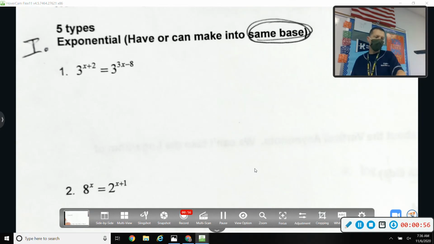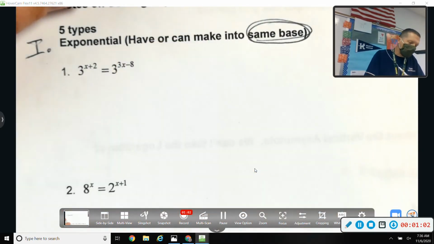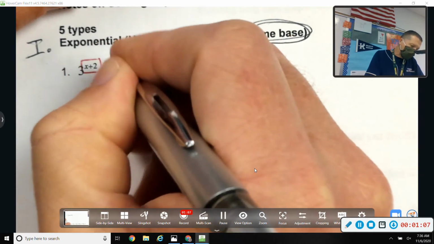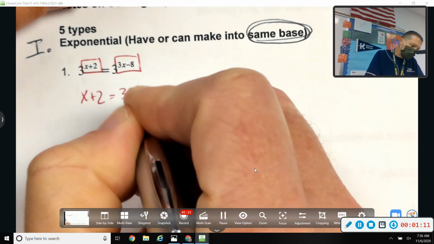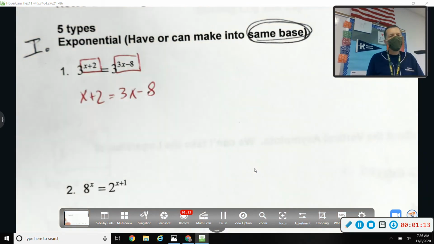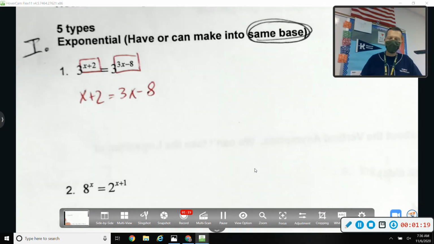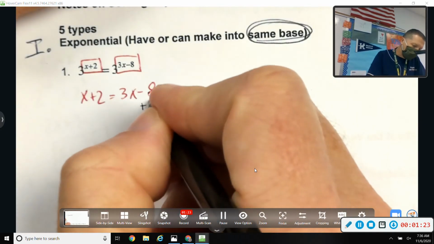So it's an exponent equation, yes, but if it's 3 to something equals 3 to something, well, I'm pretty sure the somethings have to be equal to each other. That's the only way this is going to work. So we like these type of problems. If the bases are the same, you can just grab the exponents and set the exponents equal to each other. And now we've got an algebra 1 equation to solve.